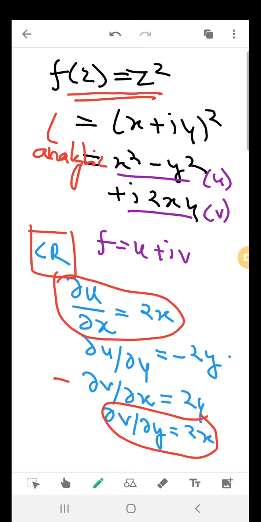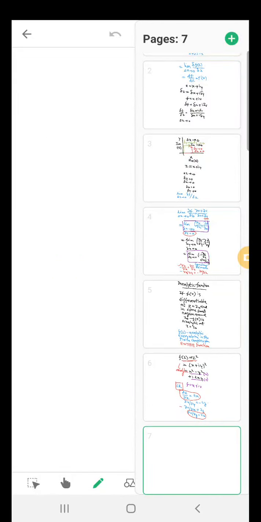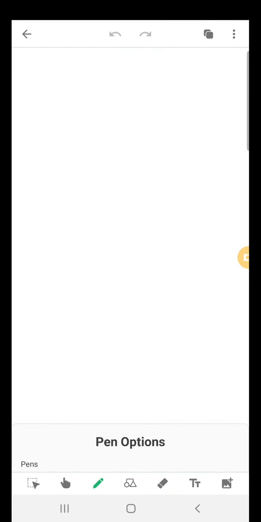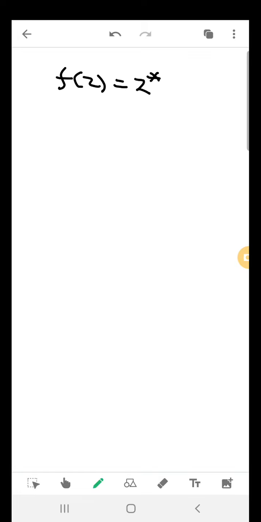Let's take another example. If f(z) is equal to z star, meaning the complex conjugate, so if z is x plus iy, z star is x minus iy.